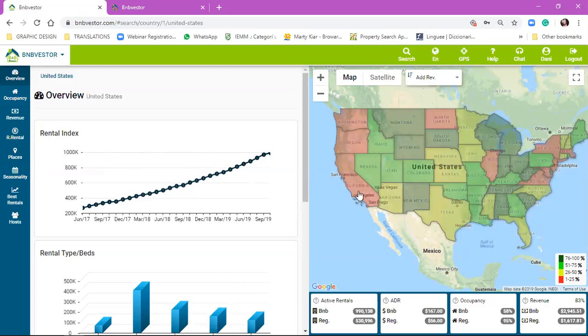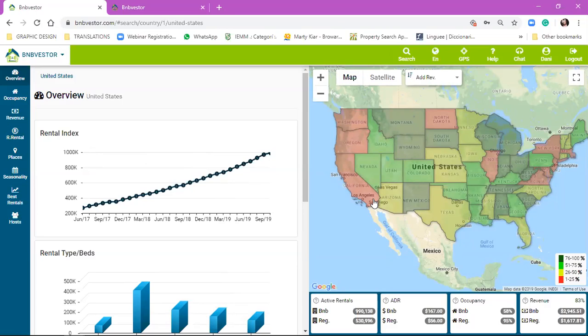The states that are in red are the ones that have less additional revenue. What I want you to analyze and see is that not always having a high occupancy and a high average daily rate is going to give you the highest additional revenue.